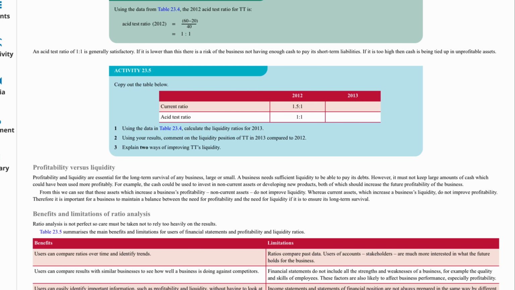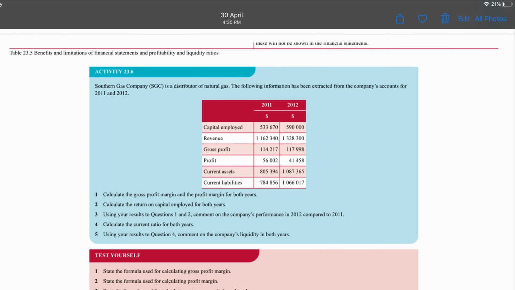Let's go for 23.6. The first one: calculate the gross profit margin and the profit margin for both years. Let's look at gross profit margin for year 2011. The formula for gross profit margin is gross profit over revenue times 100.